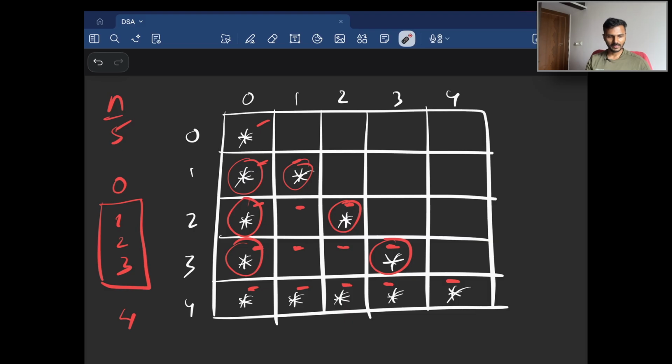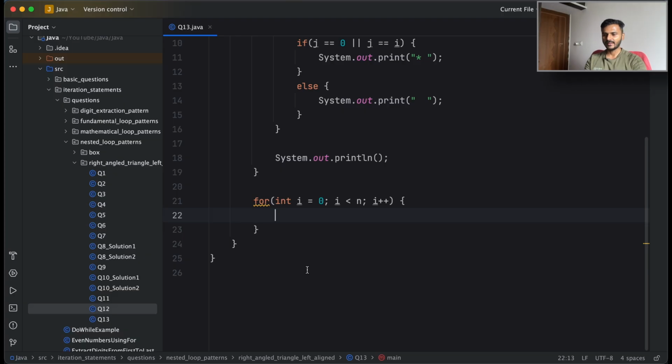Because if we come back over here, we will see that for the last row, which is row number 4, given the value of n is 5, we are printing 5 asterisks, right? If the last row was, let's say, the 7th row, that is I was 7, we would have printed 8 asterisks, correct? So that is why we have this loop, which is for int I is equal to 0, I less than n, I plus plus.